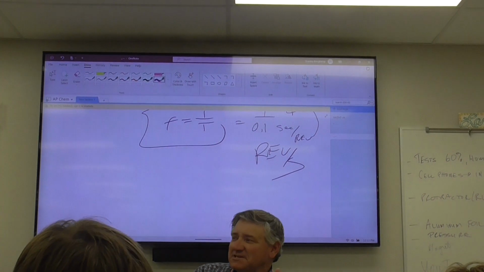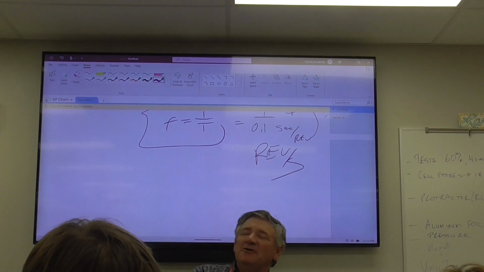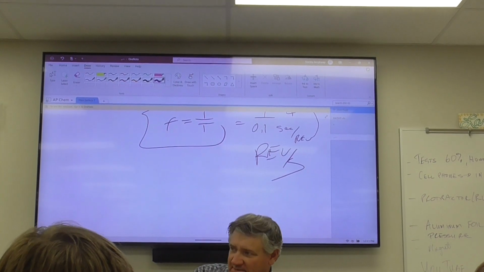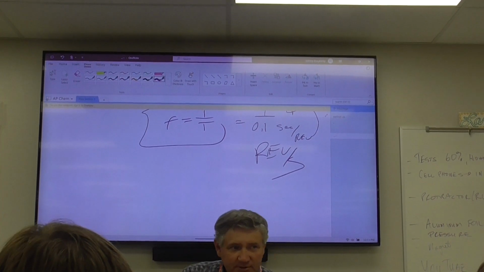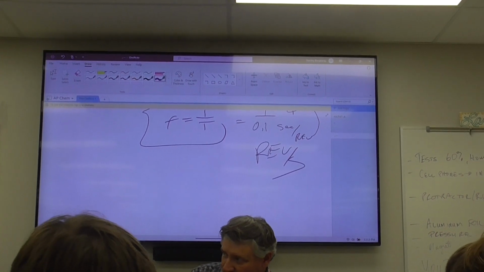What's going to happen to the velocity? It's going to change. No, horrible, bad. What I want you to be able to articulate is exactly how much it's going to change. Is it going to double? Is it going to be half as much? Is it going to increase by a factor of 4?